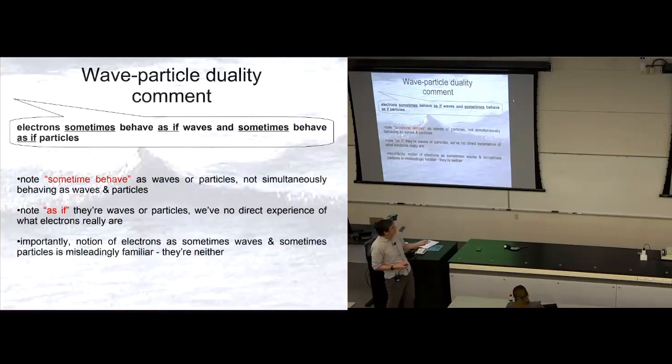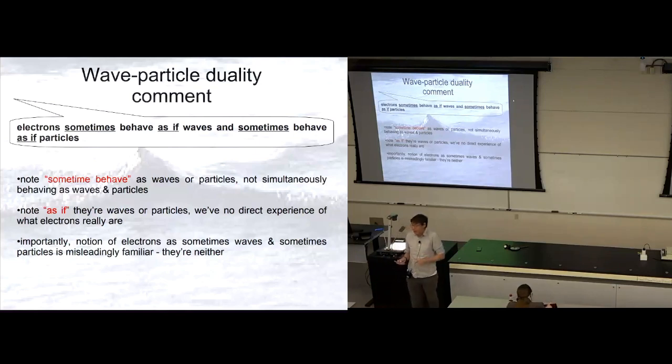Now, I'm being a little bit careful. Firstly, I use the word sometimes: sometimes behave as particles and sometimes behave as waves, because you never see an electron or a photon behave simultaneously as both a wave and a particle.